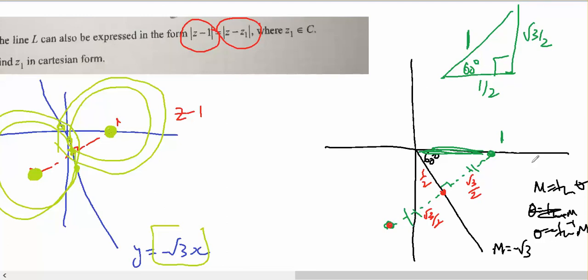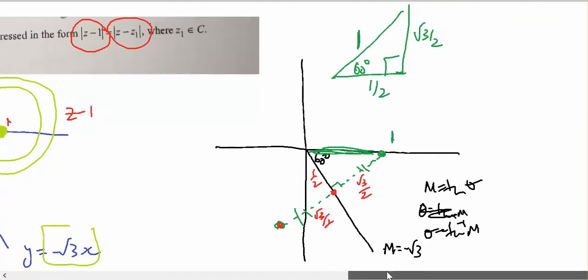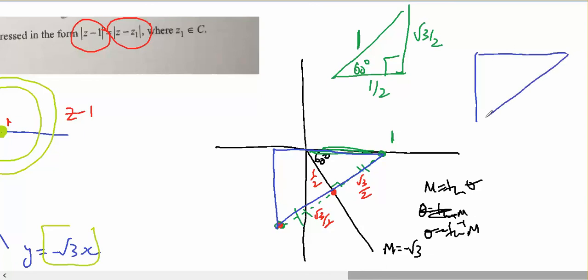So now, if I consider this triangle, I know that that's 30 degrees, or pi on 6. And I know that's root 3, because root 3 on 2 plus root 3 on 2 gives me root 3.